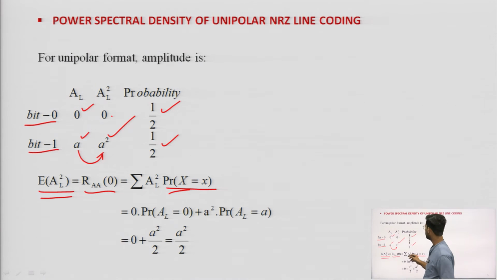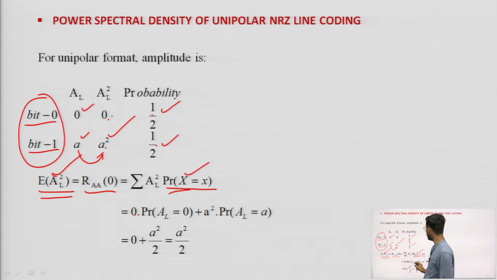This is the formula, as we are dealing with discrete time. So it is the summation of A_L square multiplied by the probability of that point. Here we have only bit 0 and bit 1, so A_L square for 0 is multiplied by half, similarly A square is multiplied by half.